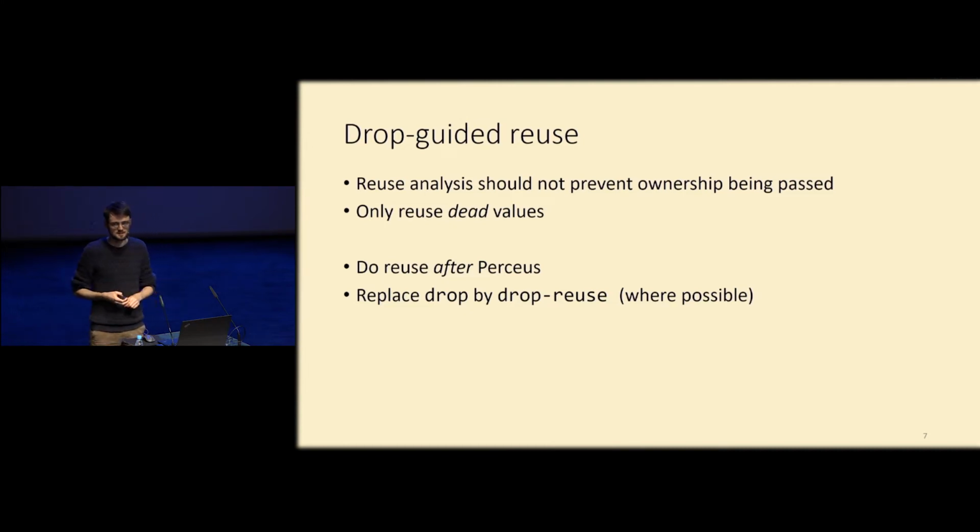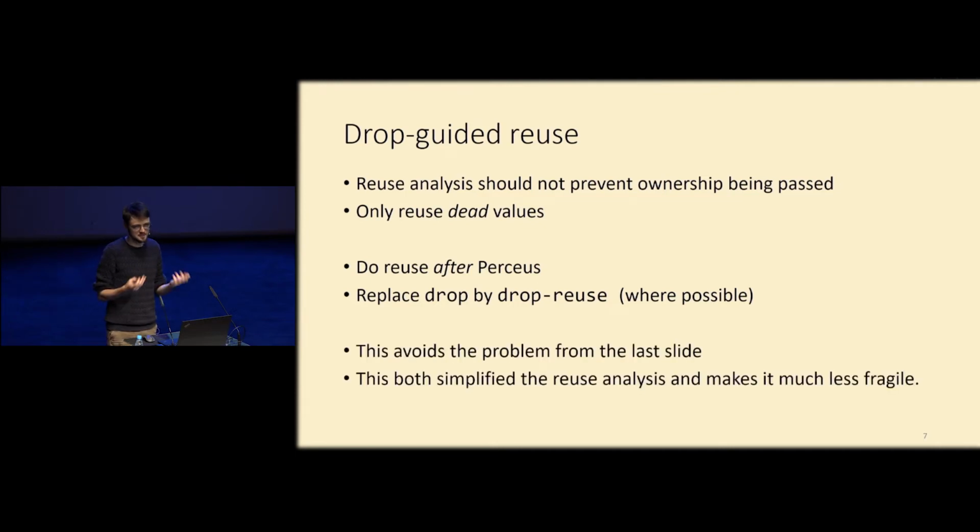And then it is particularly simple because dead values are exactly the values that will be dropped, and we can just rewrite a drop into a drop-reuse when we have a reuse opportunity. In particular, this will avoid the problem from the last slide, and it has both simplified our reuse analysis and made it much less fragile.